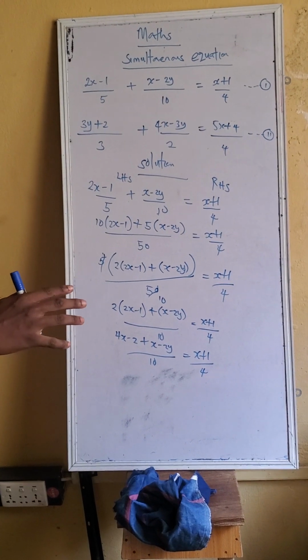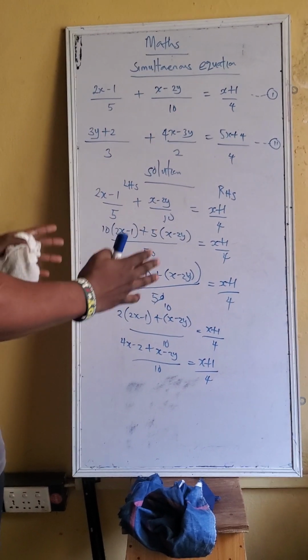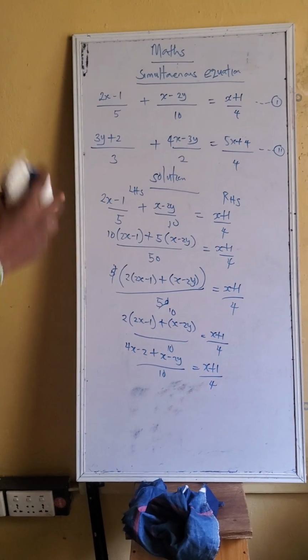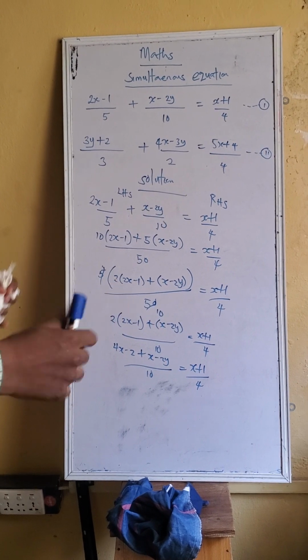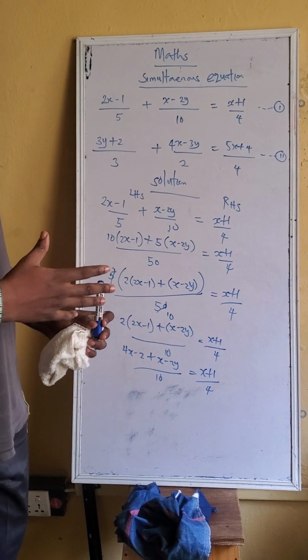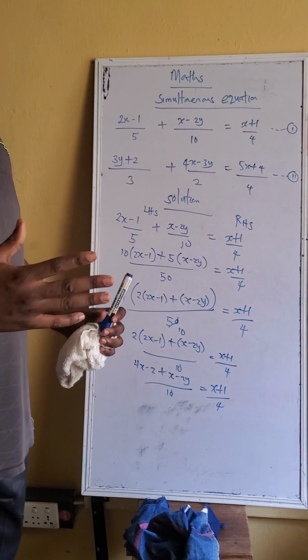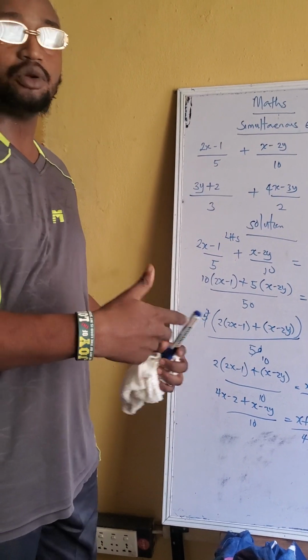But I don't want to be too fast with you, because I know there are lots of people watching this video who don't have an understanding of mathematics. You have to take it step by step so that people that are novices, amateurs in mathematics, can get to understand this properly.